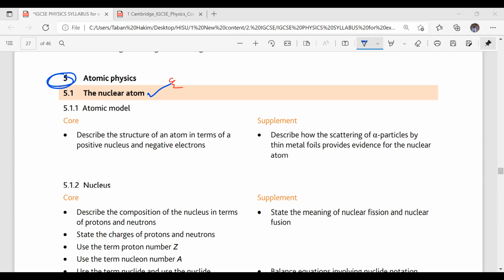That is correct. That is true. So, where do you find the protons, the neutrons, the electrons? Where do you find them according to what you have learned in chemistry? In the atom.